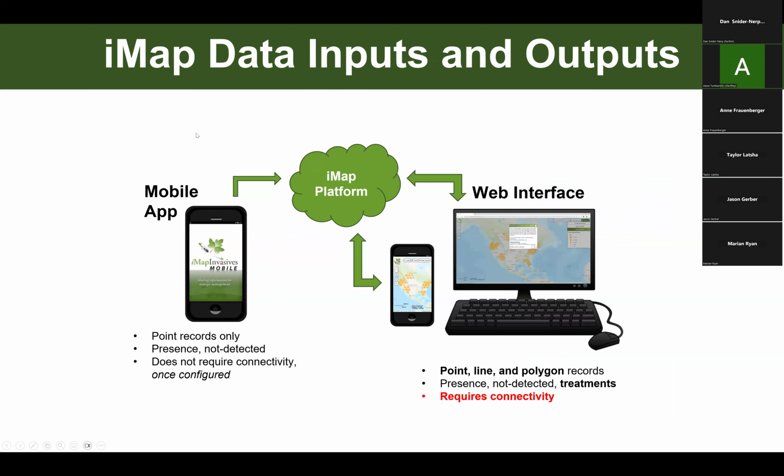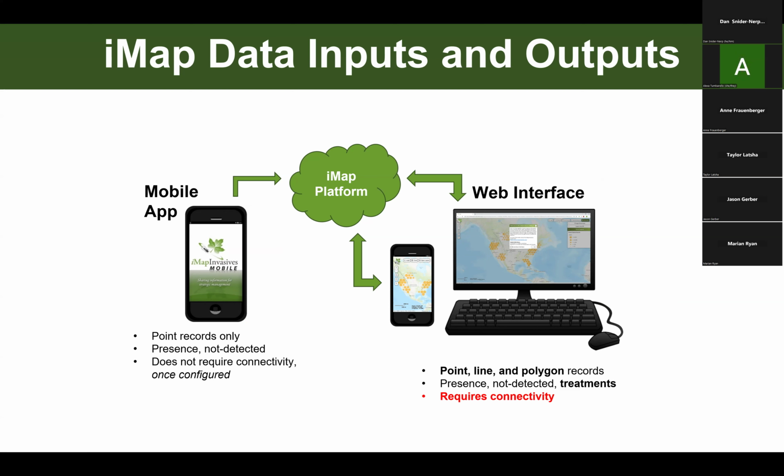So the IMAP platform is great on the web. It's really useful if you're looking for information or if you have some images on your computer you'd like to upload and create records directly. What's nice is the mobile app is really helpful for creating new records because it doesn't require connectivity, and a lot of times we're working in areas where there's no cell service.